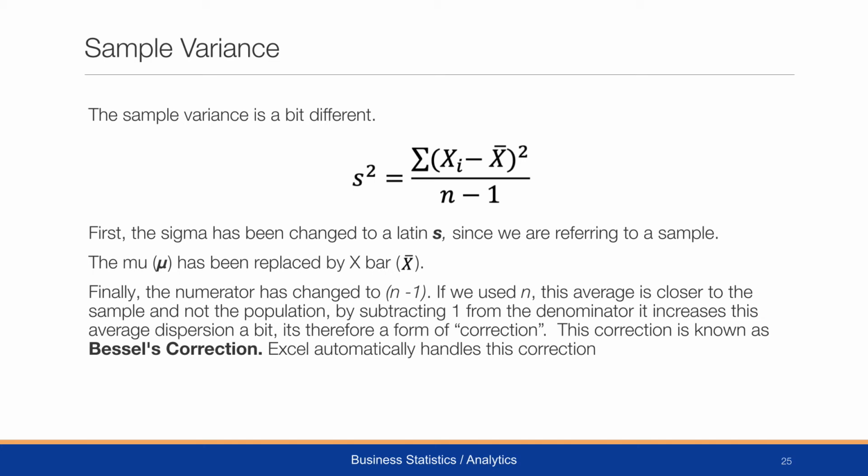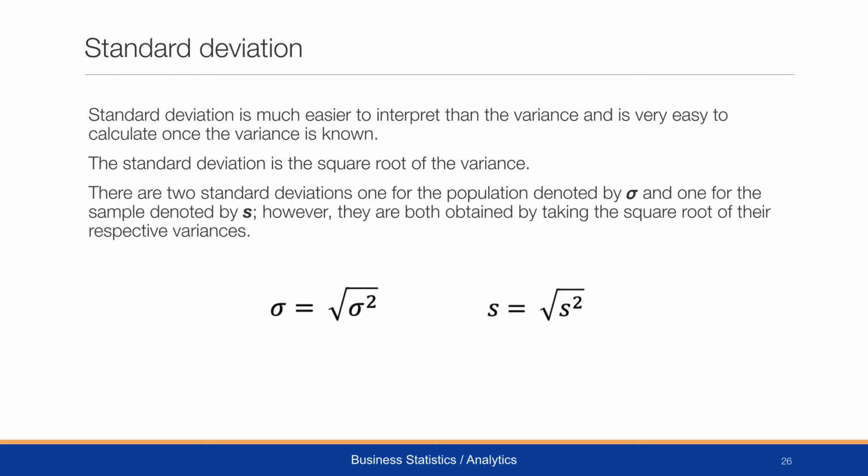Excel automatically handles this for you when we calculate the variance. You won't have to do this. But it's a question that some people ask about why n minus 1, and it has to do with the concept that if you took n, it's getting you much closer to the sample's average as opposed to a population. So we kind of penalize it. We do this correction by taking an n minus 1 instead.